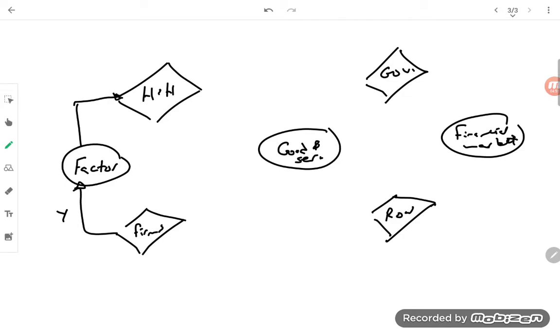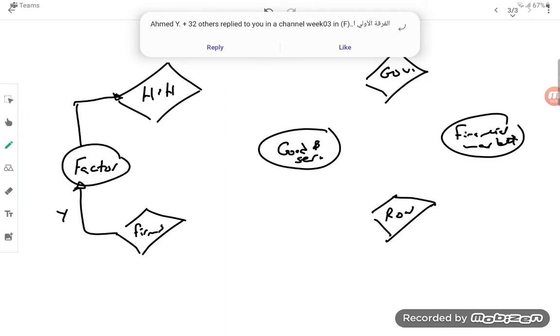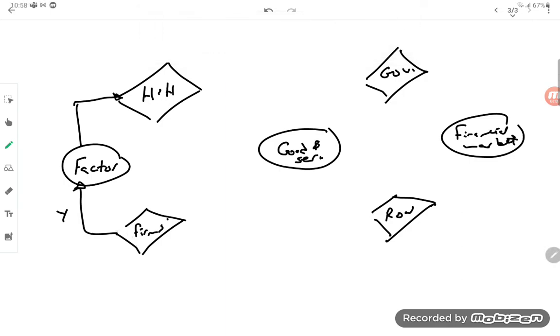Factor market is a labor market. Firms are going to use services of factors of production to produce goods and services, which are going to be sold in the goods and services market. And households are going to buy or spend their money income on goods and services, which is known as consumption expenditure.